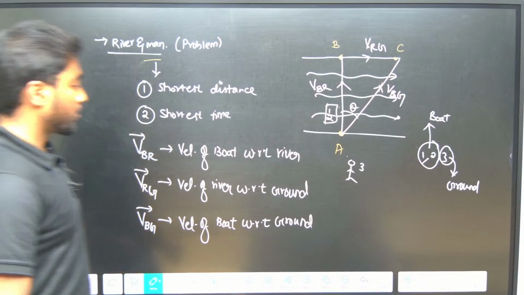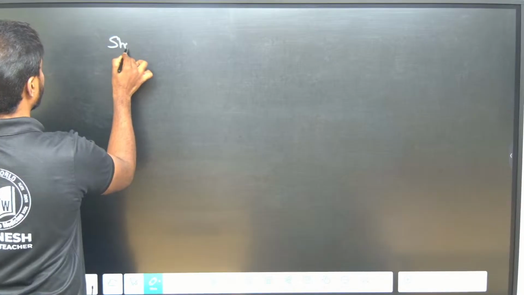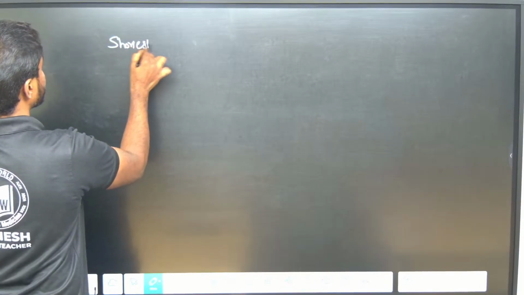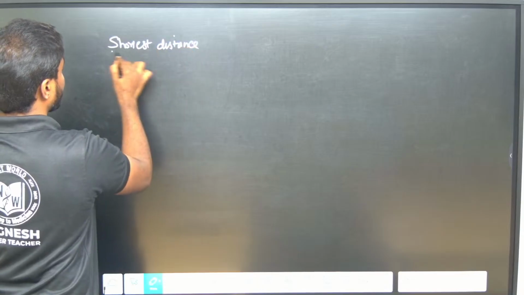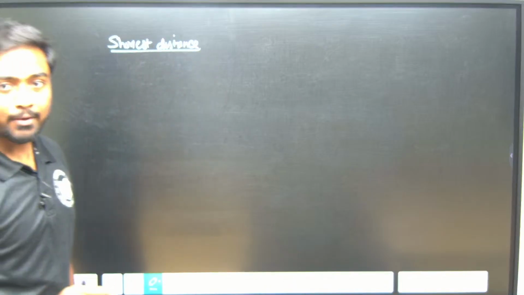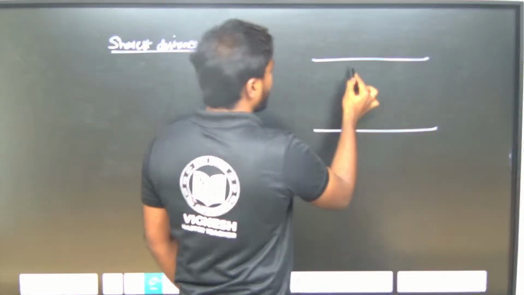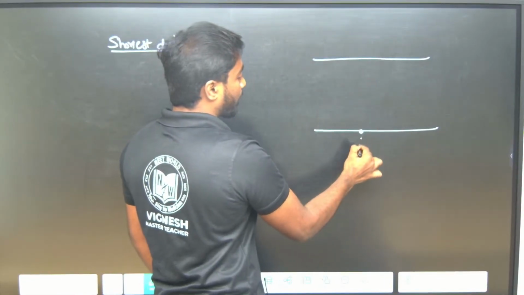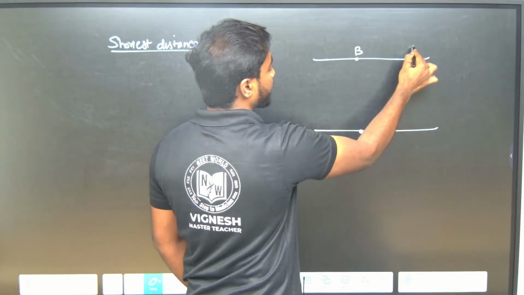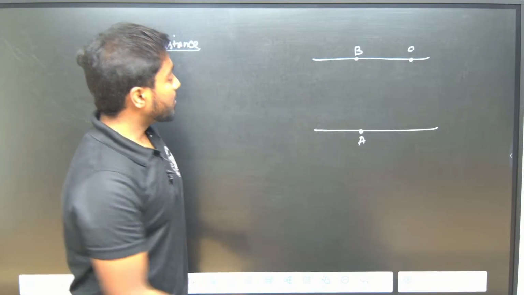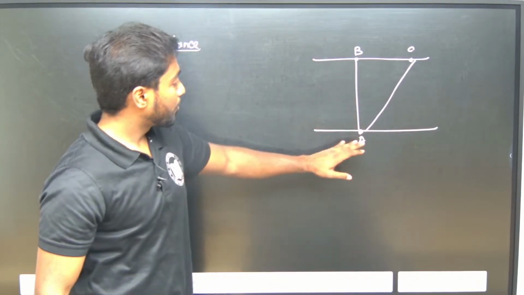Okay. Now, shortest distance. The conditions we have seen, right? If I start from point A, I need to reach point B, but instead I am reaching point C. So which is the shortest path to cross the river from one end to another?